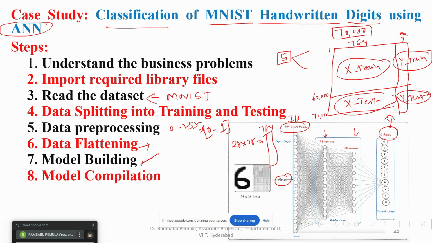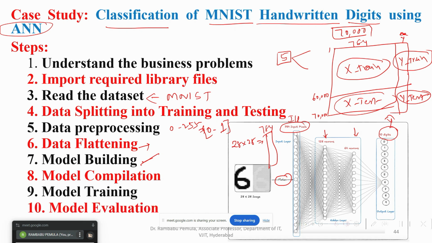Then model compilation: if any loss is there, we update the weight values with respect to our optimizers and loss functions. We'll see this with the code. Then model training, model evaluation, and model prediction.